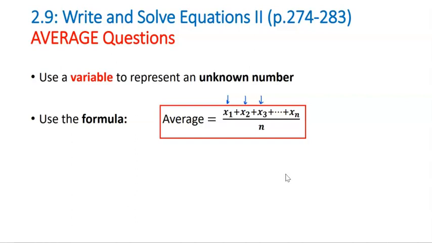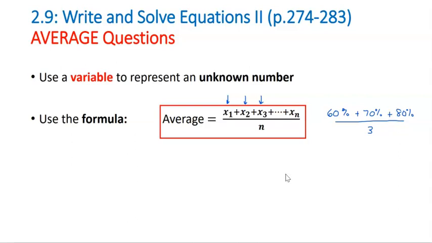So for example, if you have a score of 60%, and then you add 70%, and then you add 80%, so you're getting better on each exam, you would calculate the average by adding up those three scores and dividing by 3. Then you would get that average there, and that would be 70%.